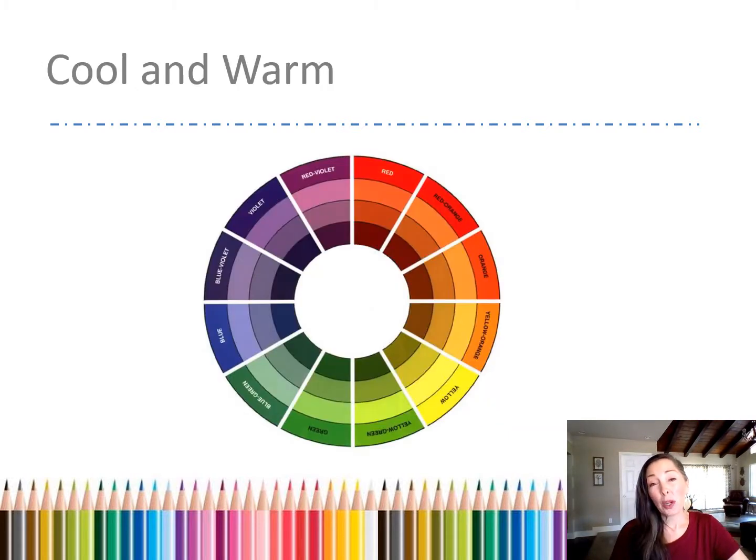All right, so here's where we can tie what they're learning to what they're going to be doing later in their art project. We ask them what is considered a cool color. We're looking at the color wheel, and we want to ask them, which side of the wheel would be considered the cool side, and which would be considered the warm side of the wheel? Why is it that those colors are considered cool colors?